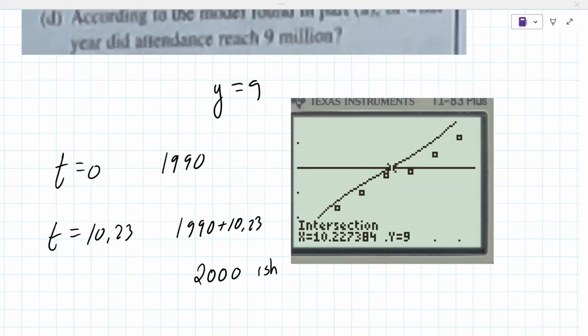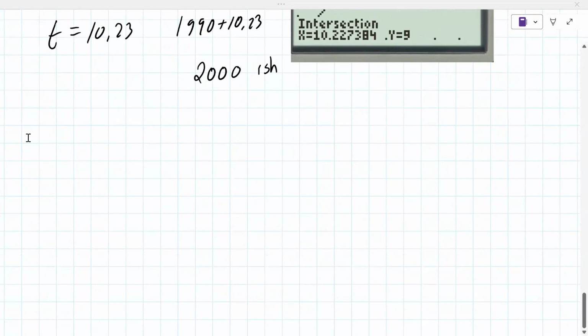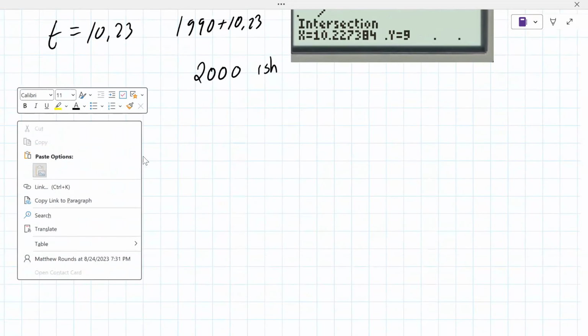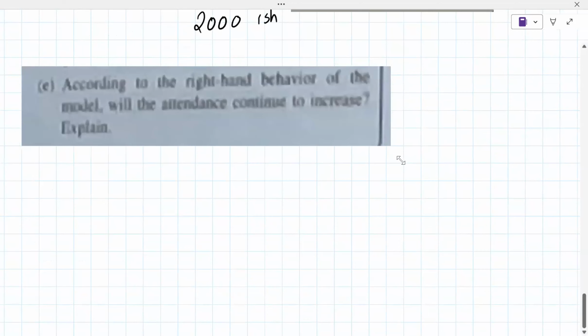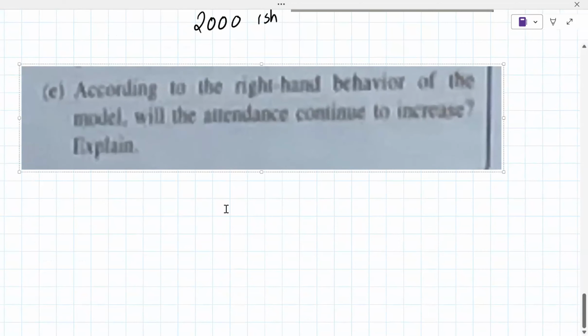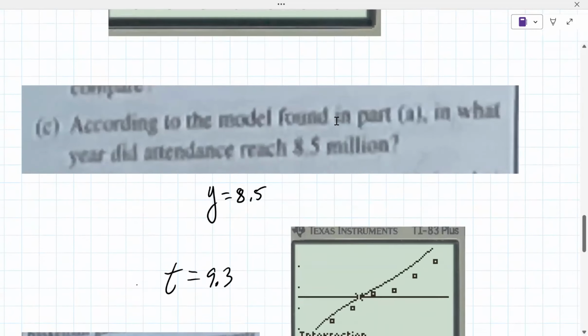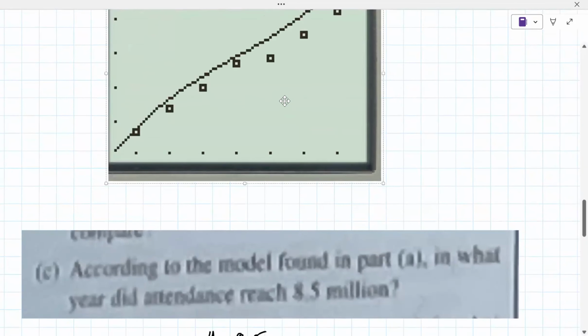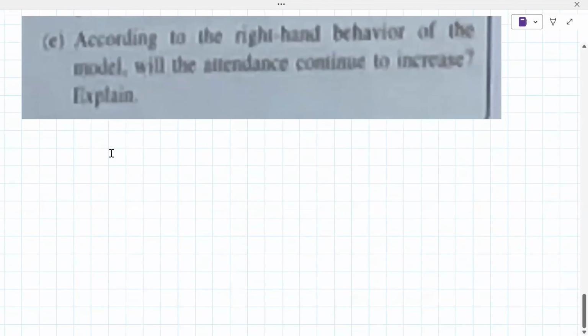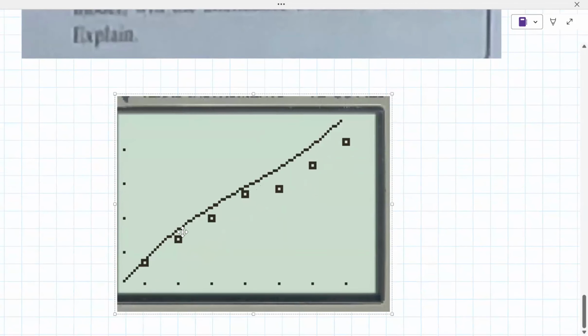Okay, now do you got that down? Okay. Now part E here is, according to the right-hand behavior of the model, will the attendance continue to increase? Basically, they're asking what happens to this curve.